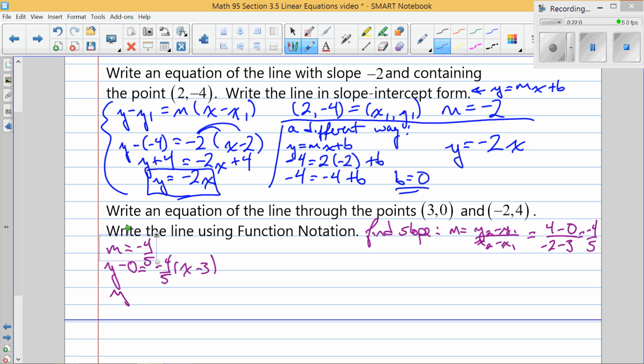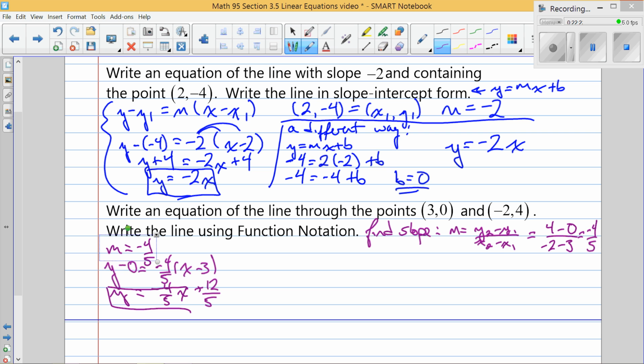So y will equal negative 4 fifths x. Negative 4 times negative 3 is a positive 12, and then that'll be over 5, because the denominator of that 3 is a 1. I am not going to spend the time going over how to multiply the fractions.